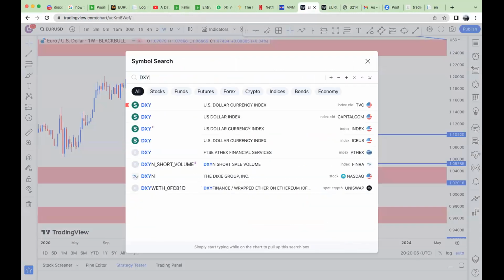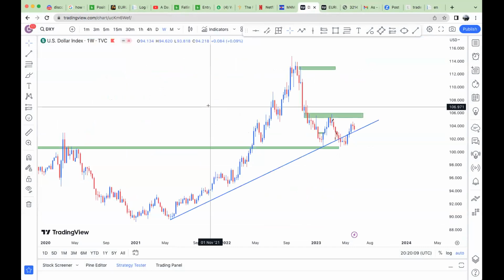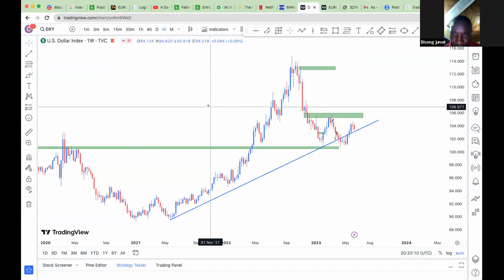The XY. Okay. Are you able to see my screen? Yes. Your screen is blank.